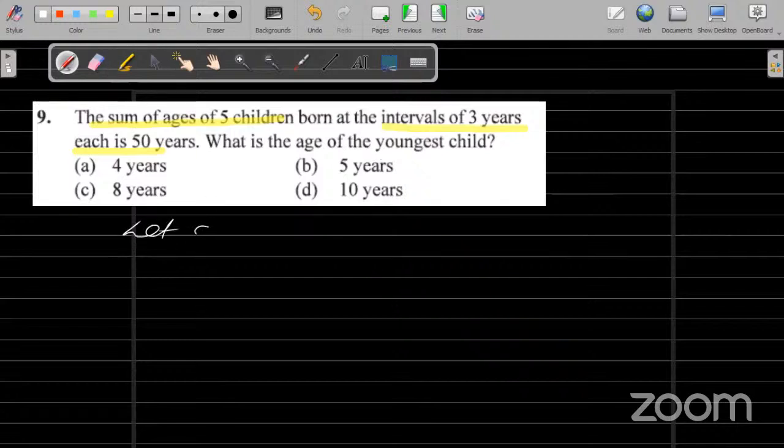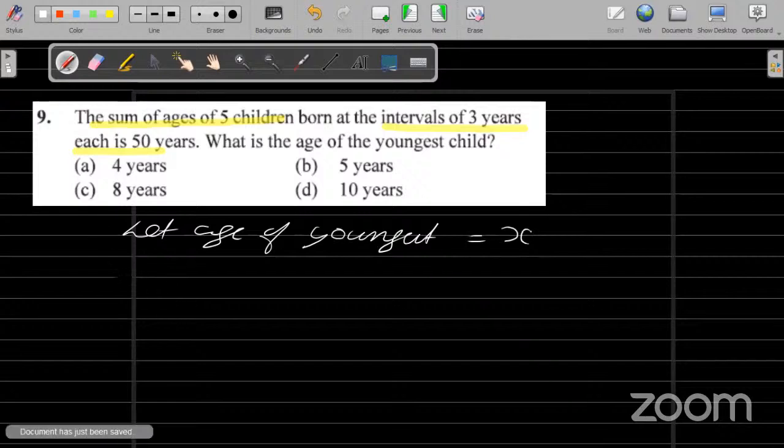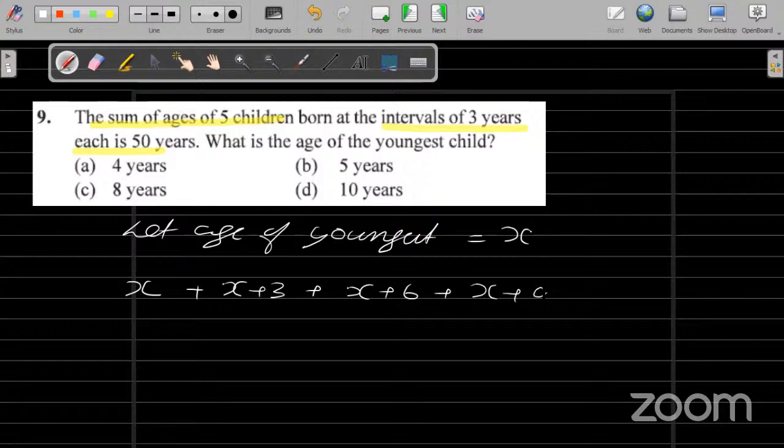So let the age of the youngest child be X years. Then since the children are born at intervals of 3 years, the next child's age will be X plus 3. Next one, X plus 6. Next one, X plus 9. And the fifth one, X plus 12. There are 5 children born at intervals of 3 years.